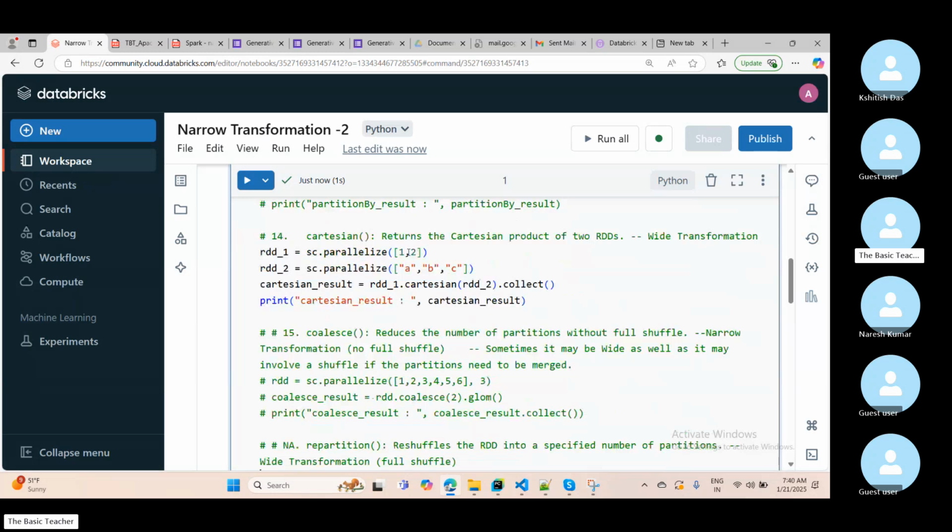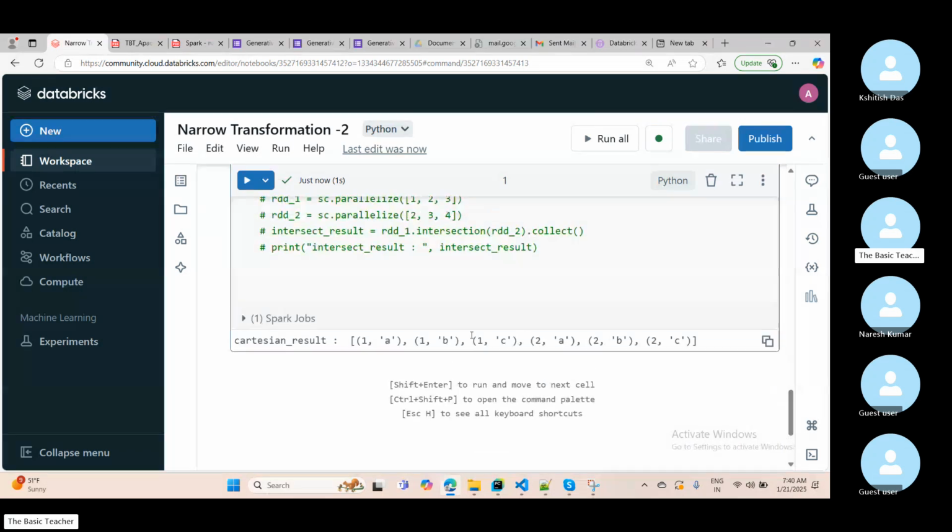One we are creating with the numbers A and B, and the second we are creating with some letters A, B, and C. Then we are looking for a Cartesian result, where we say RDD1.cartesian(RDD2), simply like a join. If we run this, what will be the expected output? Any guess, if you have done similar kind of work?